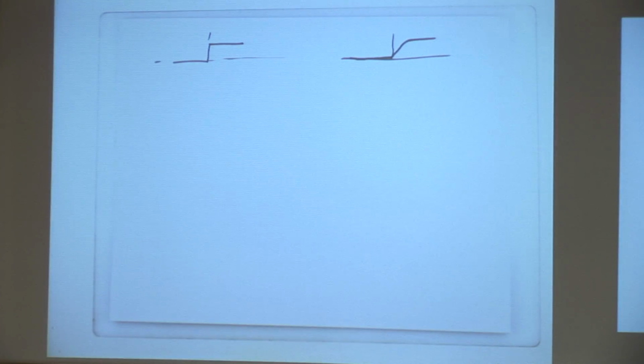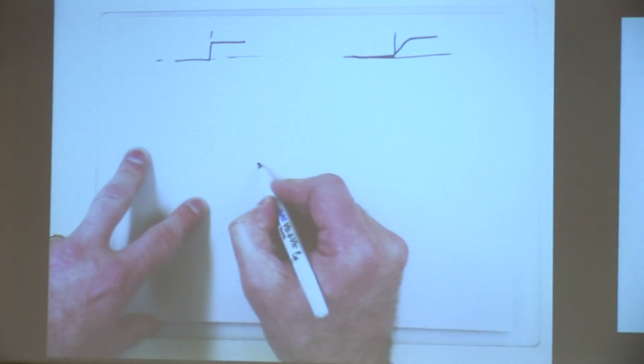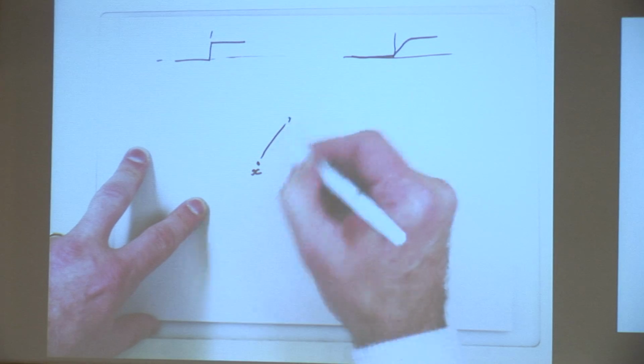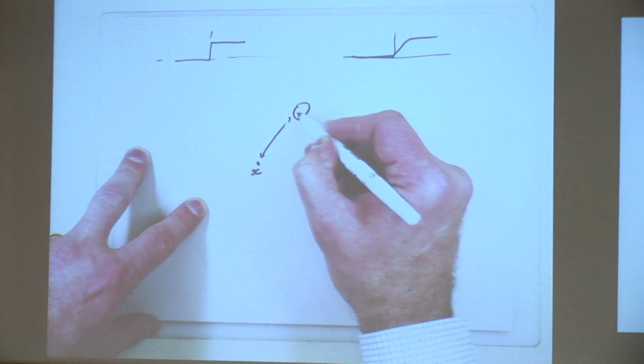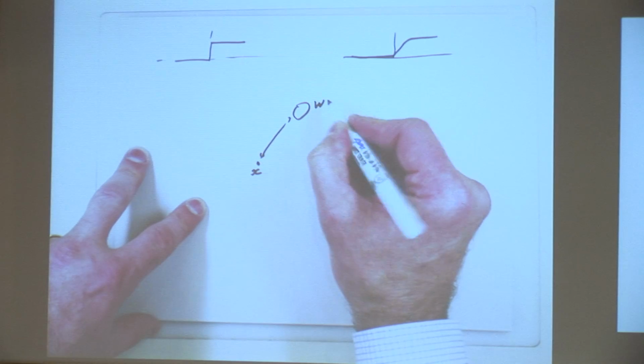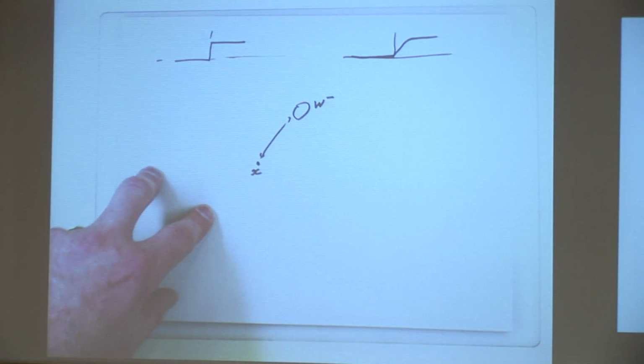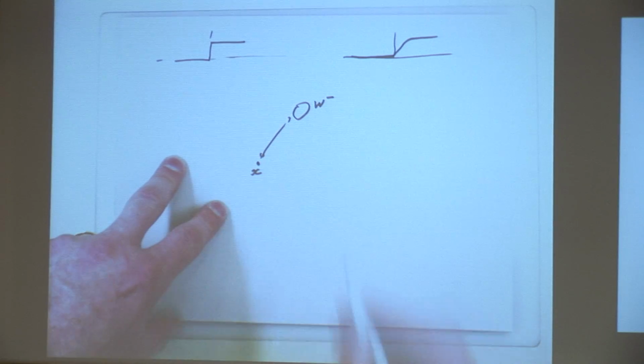In the case of the centroid system, you have to distinguish two centroids. So you have a point X. You can have the closest centroid, which I'm going to call W minus. And you can look at the closest one that has the correct class.